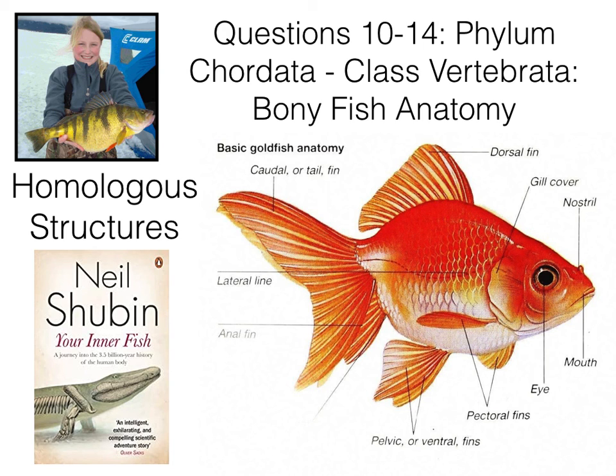You have the same sort of basic bone structure as your pet goldfish. And there was a whole book written called Your Inner Fish, you can see it there, about all the things about the human body that are the way they are because we evolved from fish. And you have a couple questions about which fins on the fish relate to your legs and your arms. Hopefully you guys can figure that out.